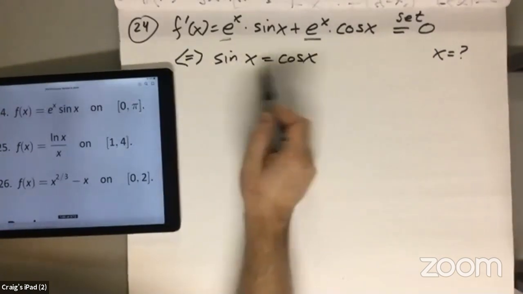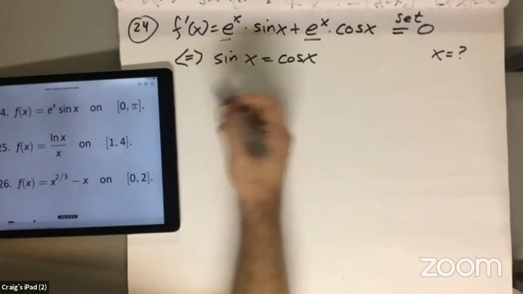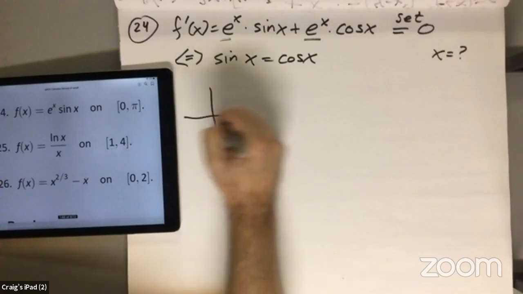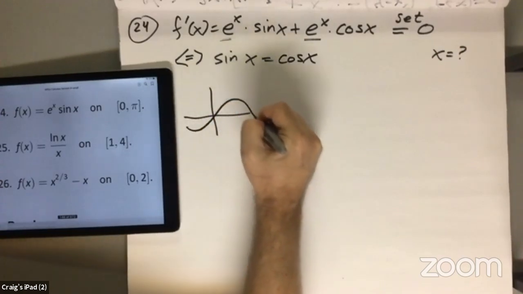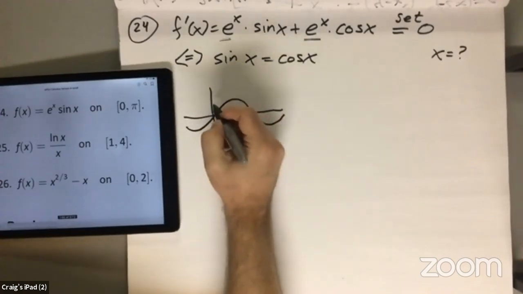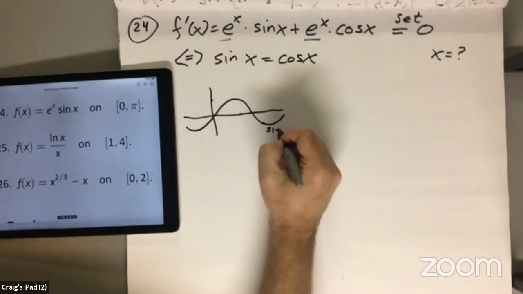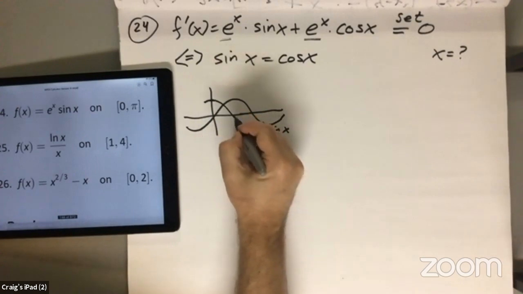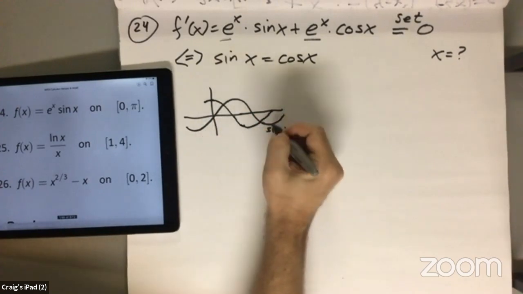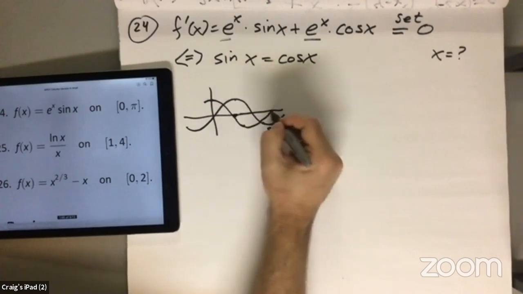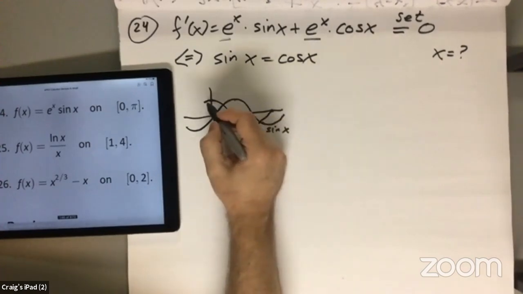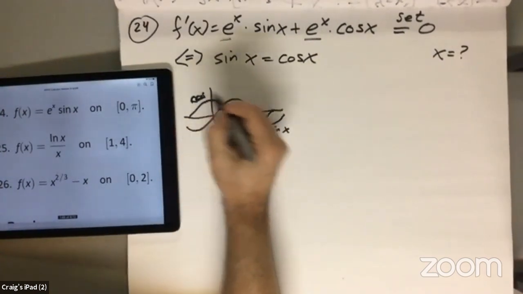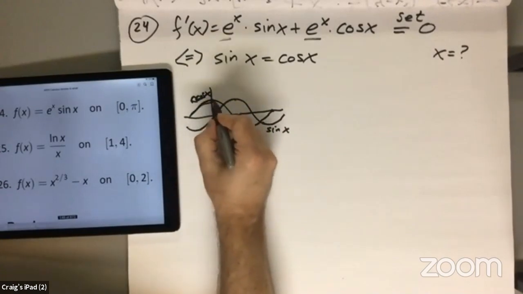So now I need to know, where is the sine function equal to the cosine function? Well, that's not a solvable thing. I can't figure out where the sine function equals the cosine function. The cosine function is the same sort of function, but it has the opposite of the sine's maxes, mins, and zeros. The cosine function starts at 1.